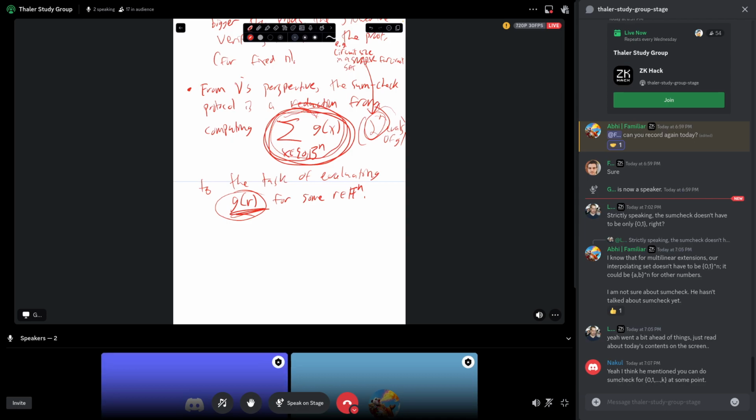There are n rounds in the SumCheck protocol, one per variable that the polynomial G is defined over.